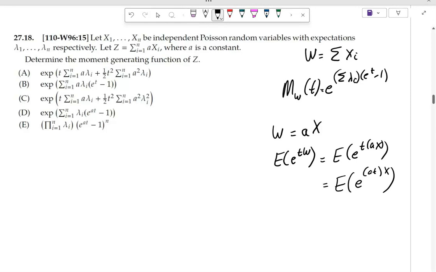I replaced my W with A times X, and then I just rearranged things. What does this look like now? Good. AT gets plugged in for T into the moment generating function for X, right? That's all that happens. If I have a constant times a random variable, I just take that same constant and stick it where the T is. Okay?